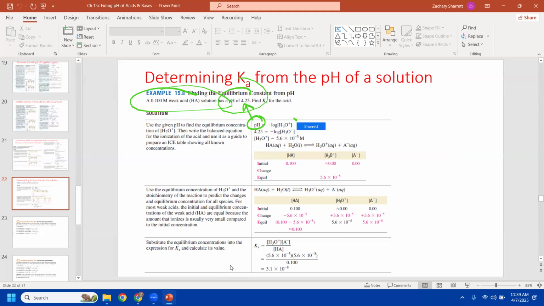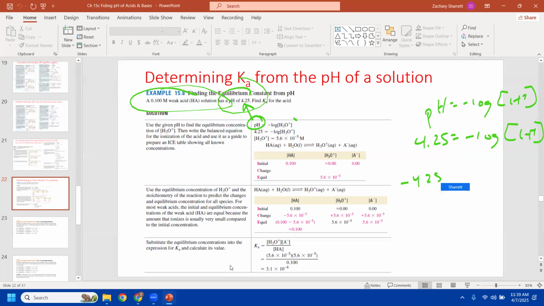Let's calculate the H plus concentration. So if pH equals negative log of H plus, but they give us the pH is 4.25 equals negative log of H plus. How do we find H plus concentration? We bring the negative over. So we times both sides by -1. So we get negative 4.25 equals log of H plus.